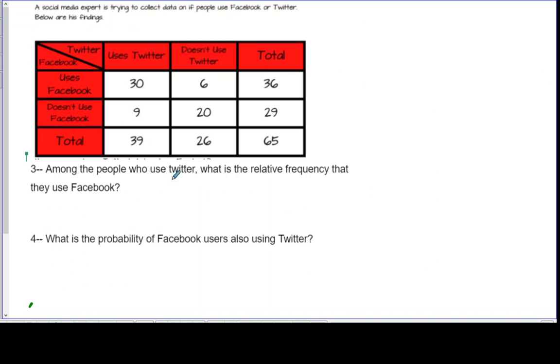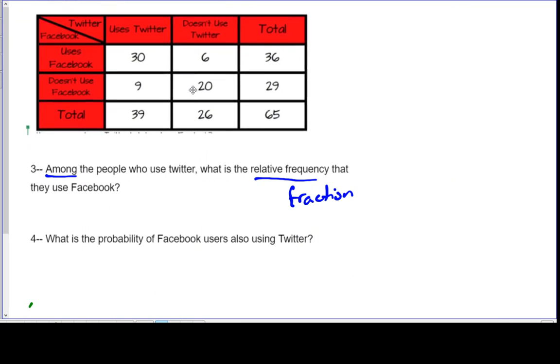On 3, among the people who use Twitter, what is the relative frequency that they use Facebook? So right there, that tells me I need to be thinking fraction. I don't see the word of. Among is another word that means of.